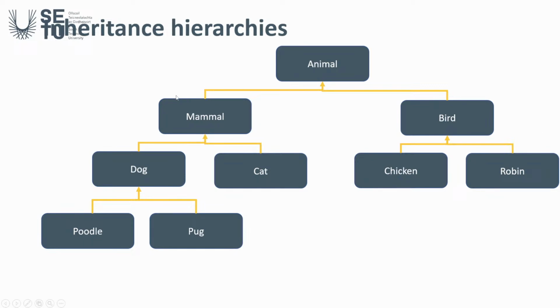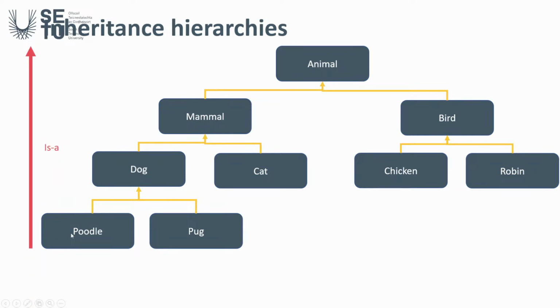In mammal, we would have the extra fields that mammals have in common. In birds, we'd have the extra fields that birds have in common. So as we move down, we are moving from general to specific, okay?